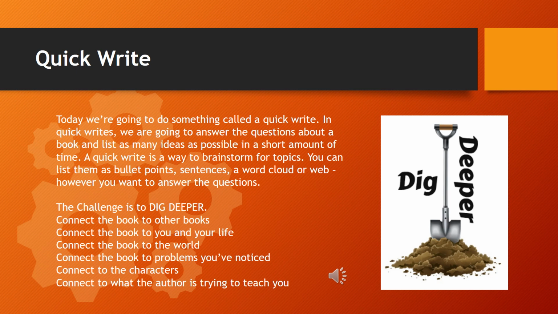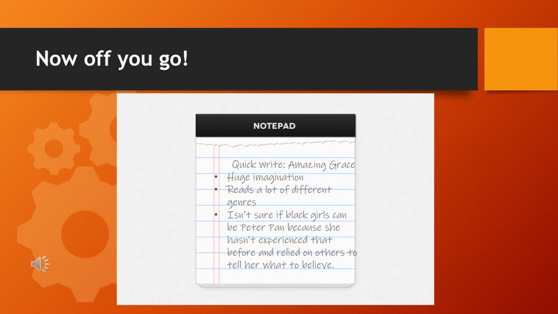These literary essays should be very complex, even though they're fairly short. It shows that you are capable of thinking deeper questions and answering things that you wonder about without the author having to tell you. To get you started, here are a few of my quick writes that I wrote down about Amazing Grace. Grace has a huge imagination. You can tell that. She reads a lot of different genres.